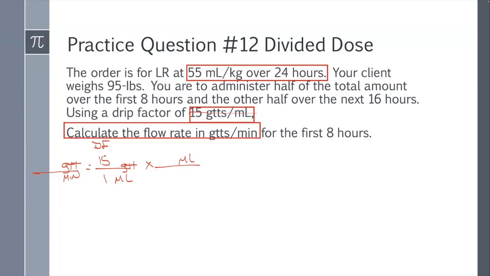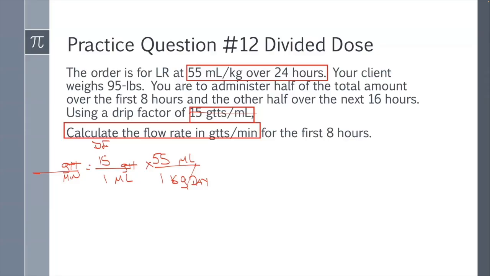This is my doctor's order up here. It's 55 milliliters per 1 kg. Kg is short for kilogram. And then it says over 24 hours. This is a divided dose question. So I'll need to know that this over 24 hours means a day. So that's what I'm going to write in my equation. The 24 hours is the complete unit of measure, right? So just to make it simpler on myself, I'm going to go ahead and write the word day.